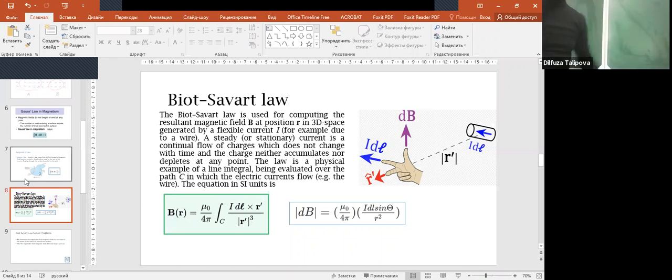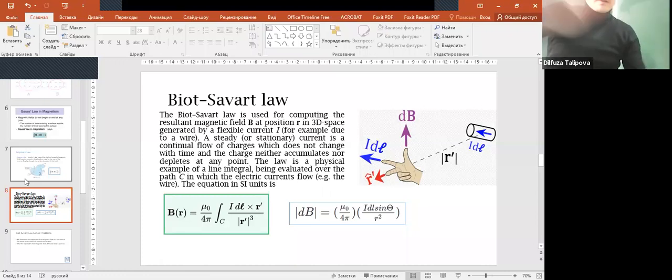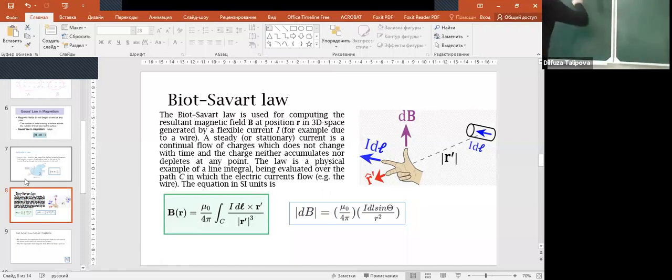So this law is used for computing the resultant magnetic field B at any position, okay? Again, we have a long wire.